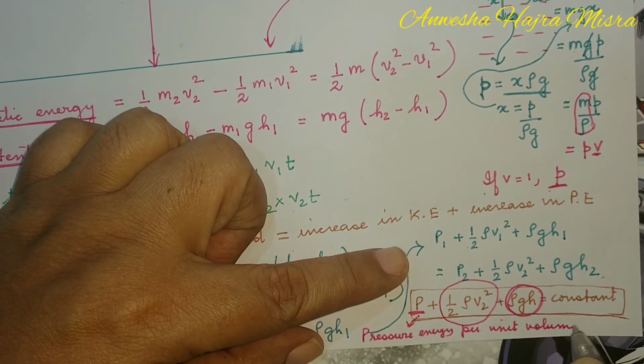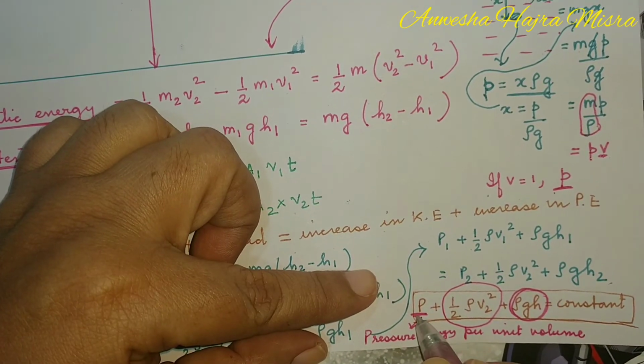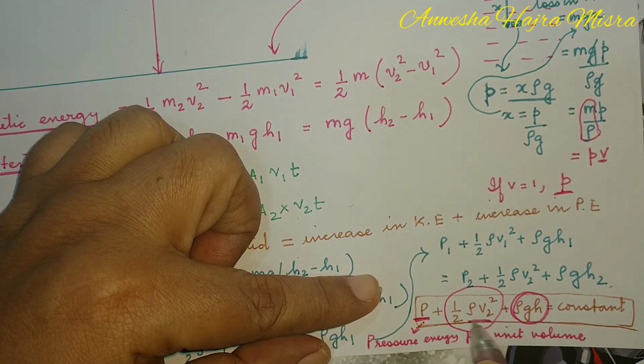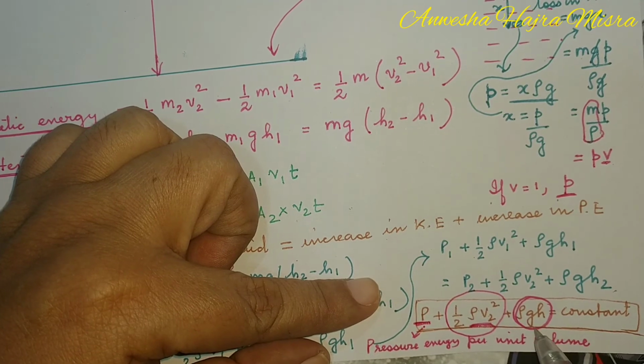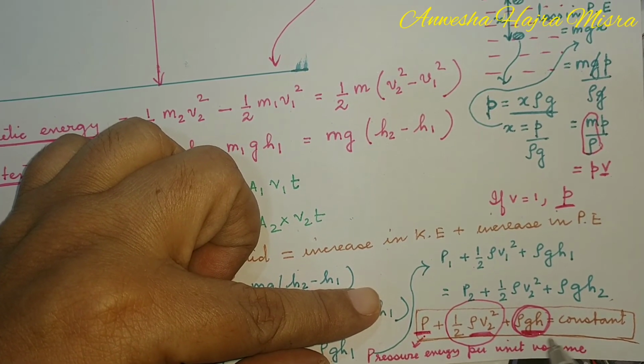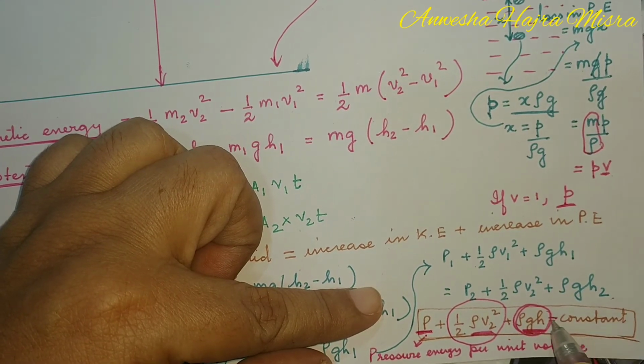So this is what Bernoulli said, that pressure energy per unit volume, kinetic energy per unit volume, and potential energy per unit volume remains constant.